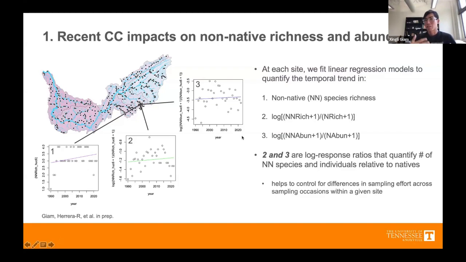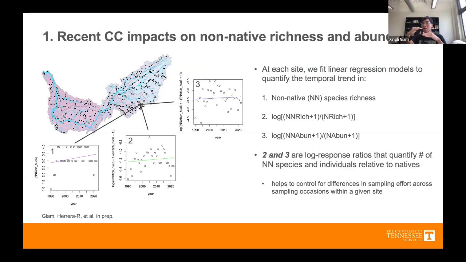Why do we do 2 and 3? Because we know, based on our experience of going down to a stream, that at a given site, at a given time, we might get a lot of individuals just due to luck or just due to weather. Or sometimes you go out with a different crew and you might sample for a little bit longer than you planned to.